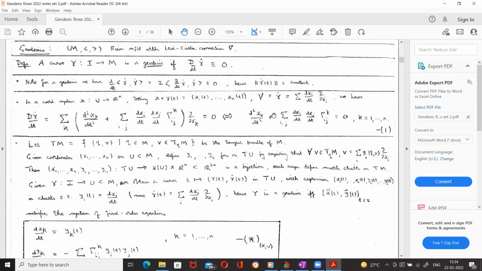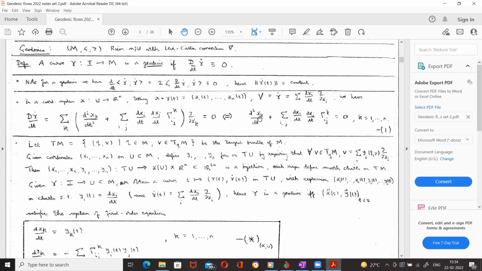Before proceeding further, note that since this is a second order system of equations, we need two initial conditions. You need the initial position, that is x1 of 0 up to xn of 0, and you also need the initial velocities, that means the vector x1 prime 0 up to xn prime 0.